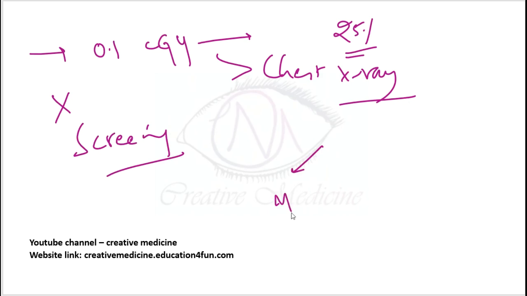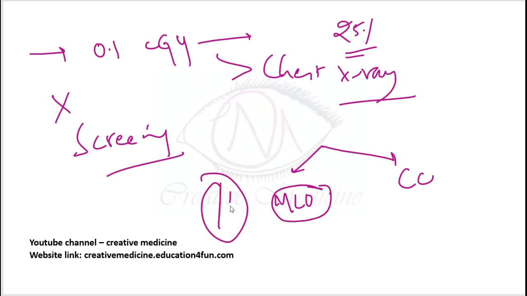You have two views, the mediolateral oblique view and the craniocaudal view. The mediolateral oblique view images the greatest volume of the breast tissue, including the upper outer quadrant and the axillary tail of Spence.